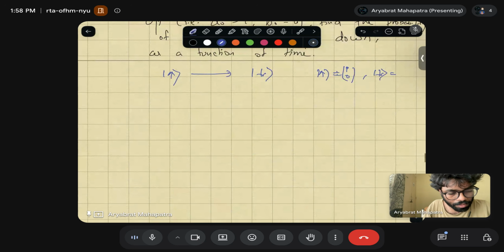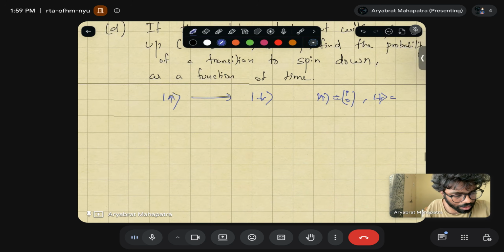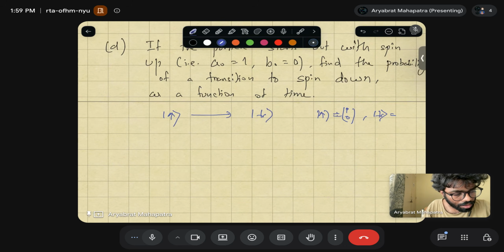So next we were trying to calculate this probability. The down state is actually the 0 1 state.